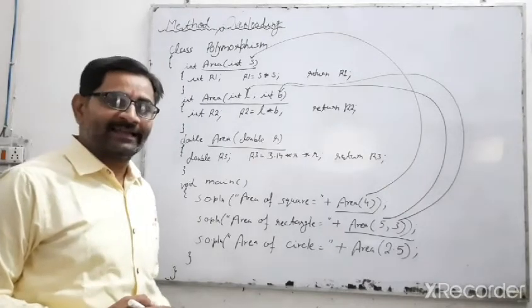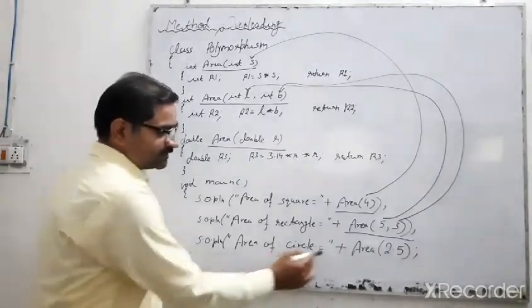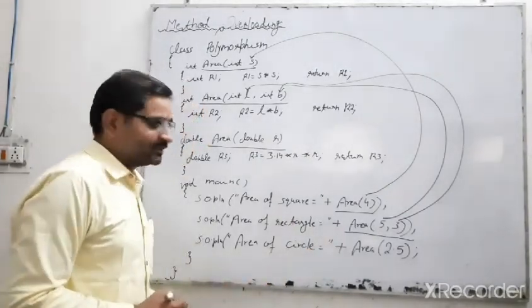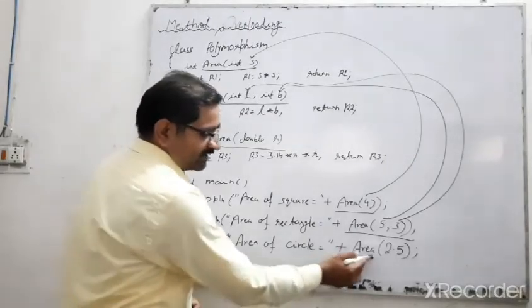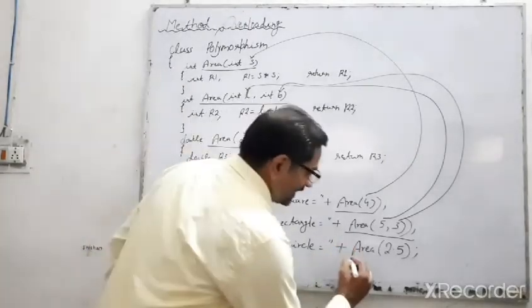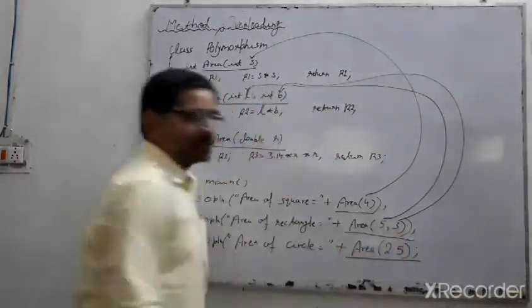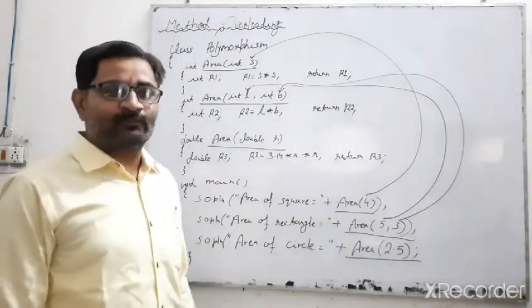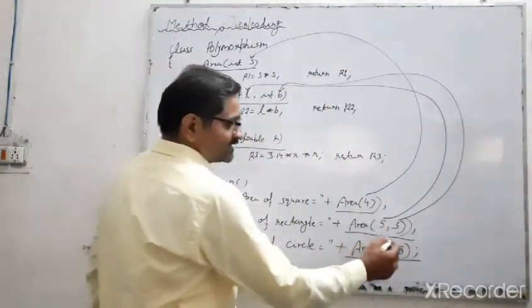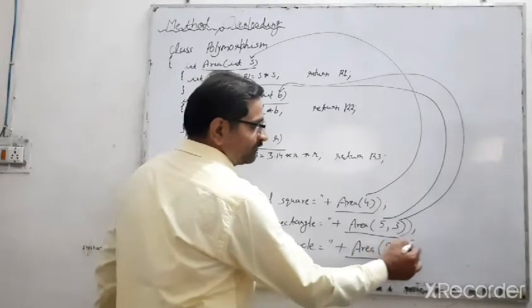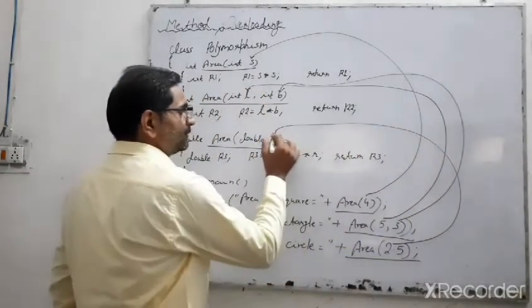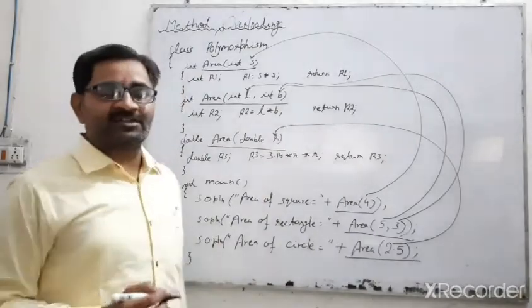Now the third method call. When you call the third method, you pass a real value which contains a decimal point, that is 2.5, and it is received by small r, which is the radius of a circle.